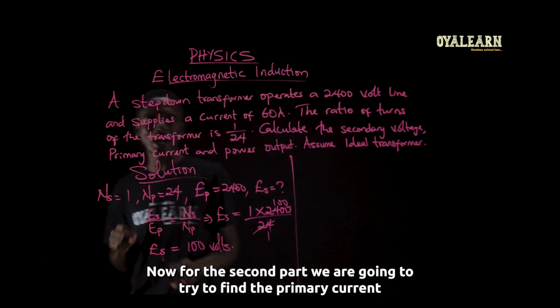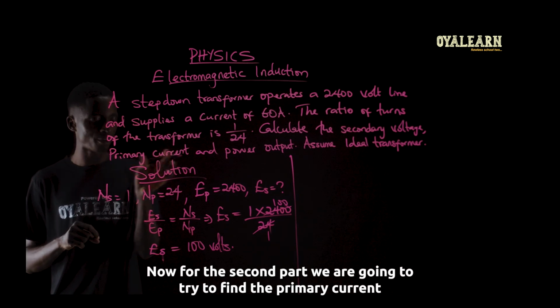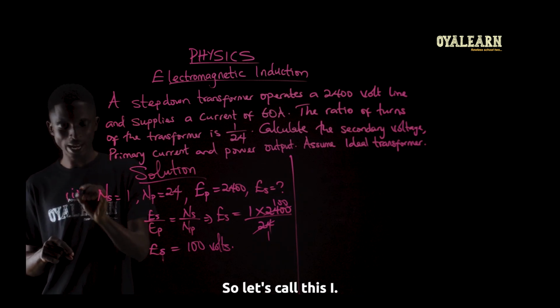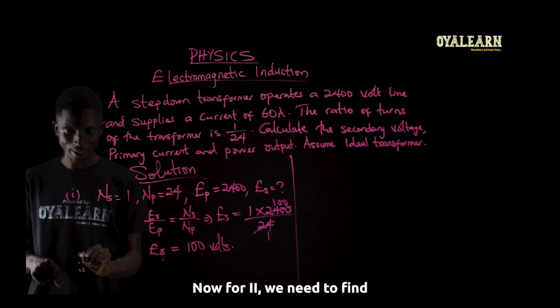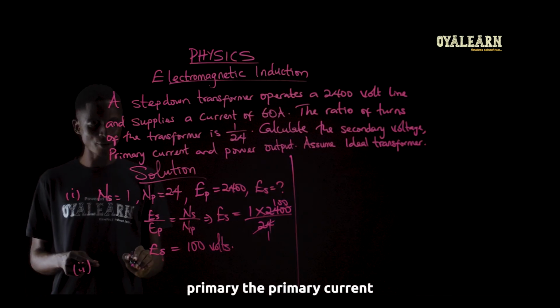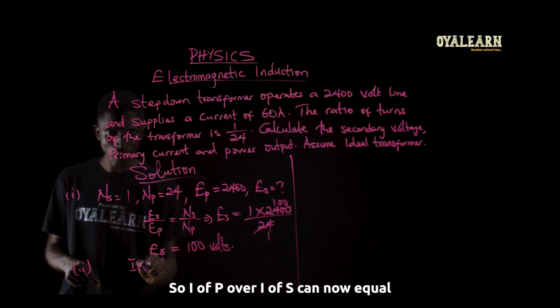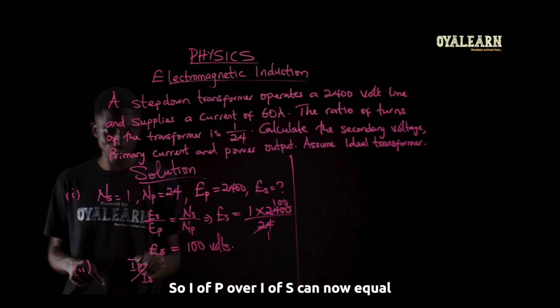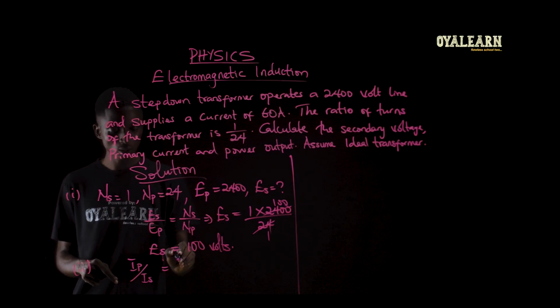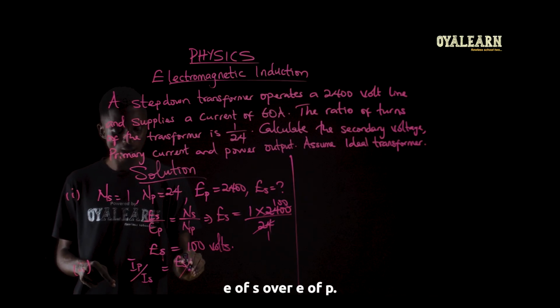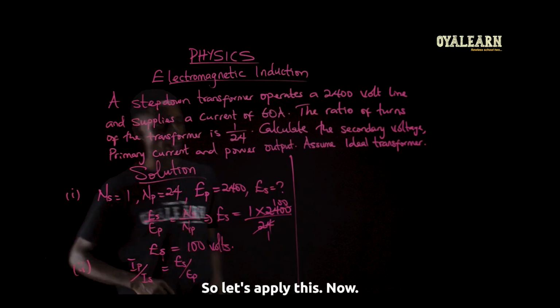Now for the second part, we're going to try to find the primary current. So let's call this part II. We need to find the primary current. So I of P over I of S equals E of S over E of P. So let's apply this.